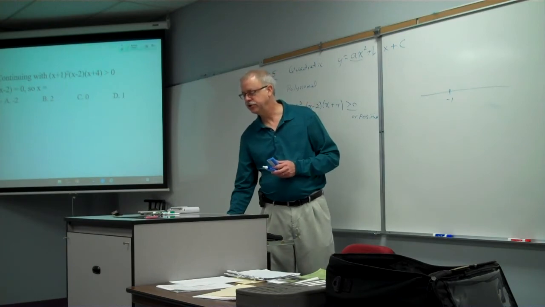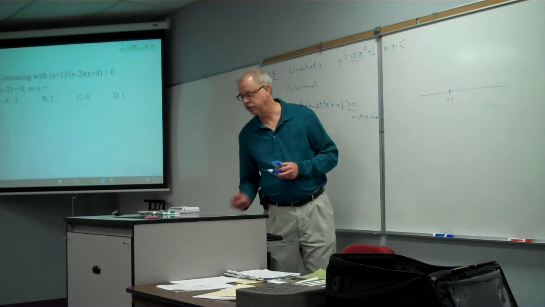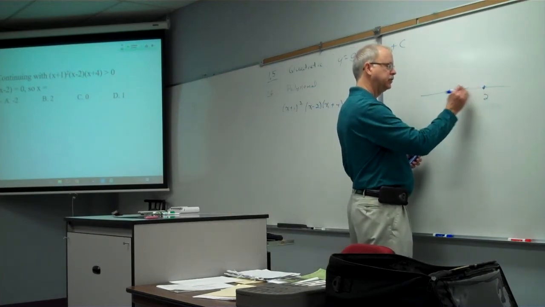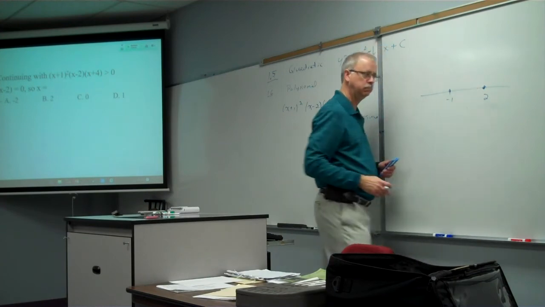Well, if x minus 2 is 0, x has to be 2. That's what would solve x minus 2 equals 0. So x equals 2 is another place this polynomial is 0.